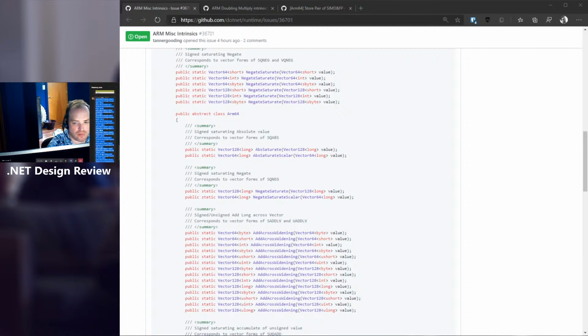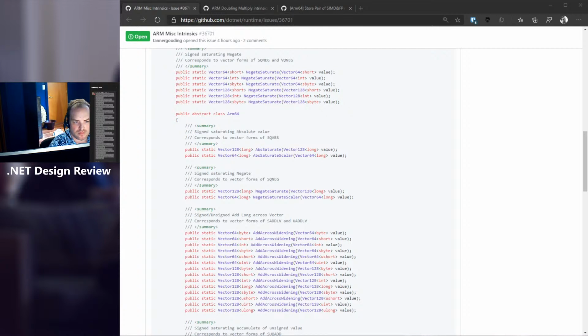So byte becomes short, short becomes int, int becomes long, sbyte becomes short. All right.